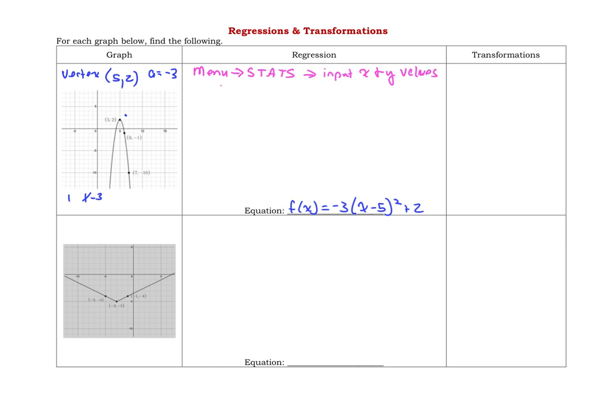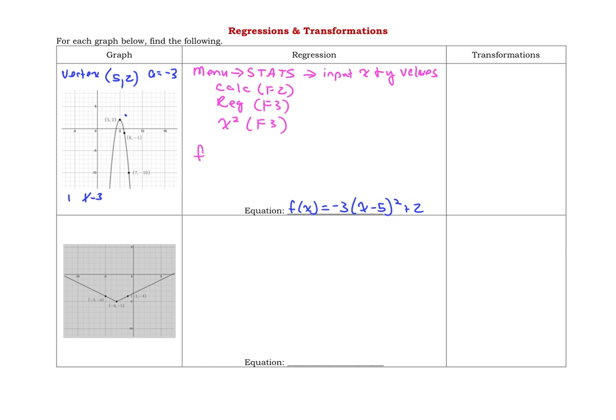Then you're going to hit the button that says Calc, which is the F2 button up at the top. Then you're going to hit the Reg, which is for regression, which is F3. And then you're going to choose x squared because this is a parabola, and that's also F3. Then it's going to give you your equation.